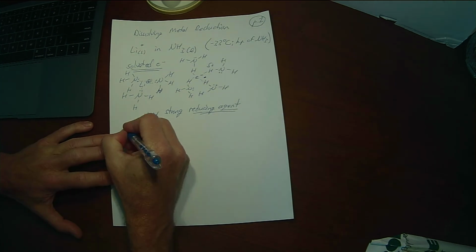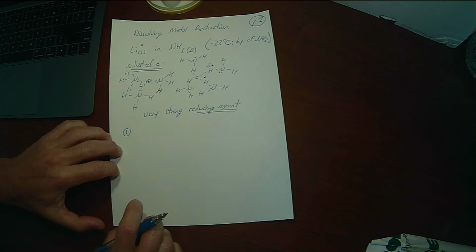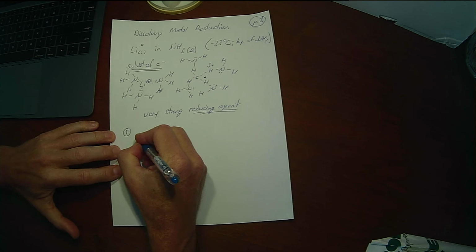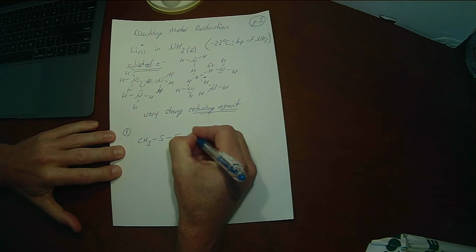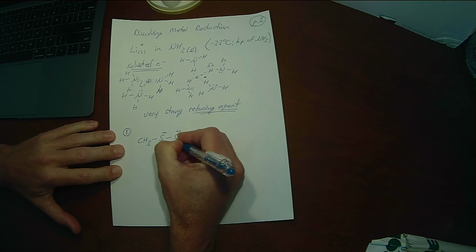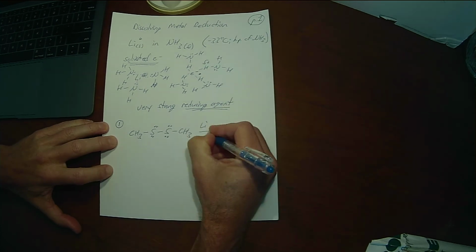So what have we seen it reduce so far? One is from chapter 9. There was a reduction where you can take a disulfide and reduce that sulfur-sulfur bond by treating it with lithium and liquid ammonia.